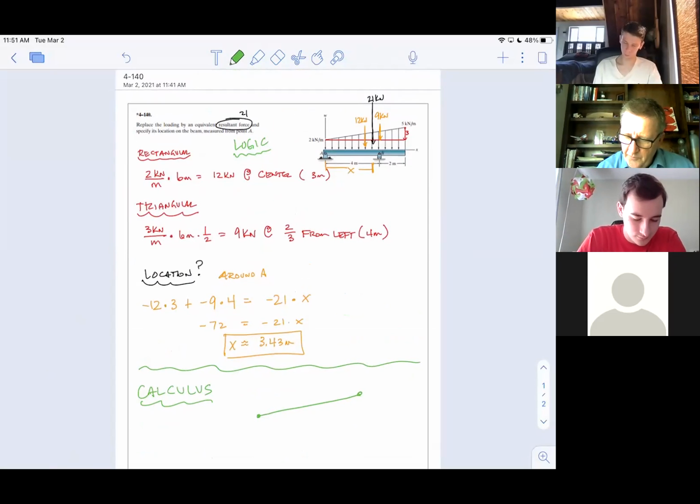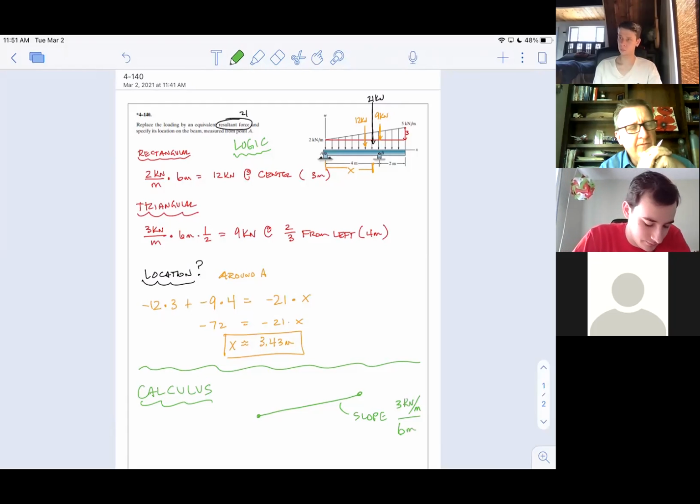But let's think about this. Would you agree the slope of our line up there is a rise of 3 kilonewtons per meter and a run of 6 meters? So our slope is 1/2.